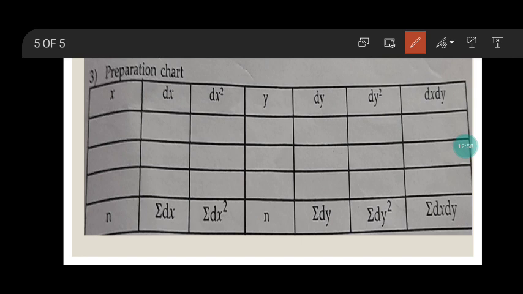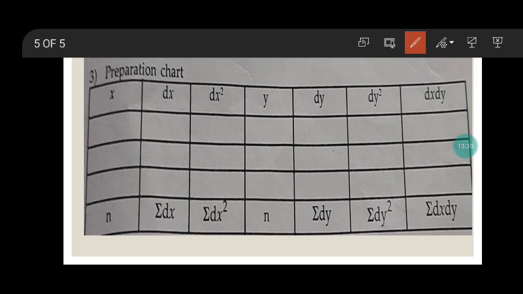In the first column, x, you have to write all the values given in the x series, and in n you have to write the total, meaning how many values are given to you in the x series. Like if you have been given 10 values in the x series, n would be 10.